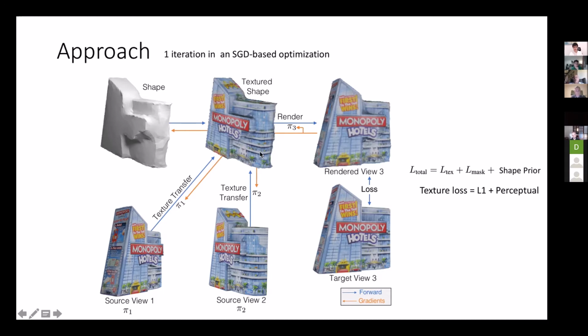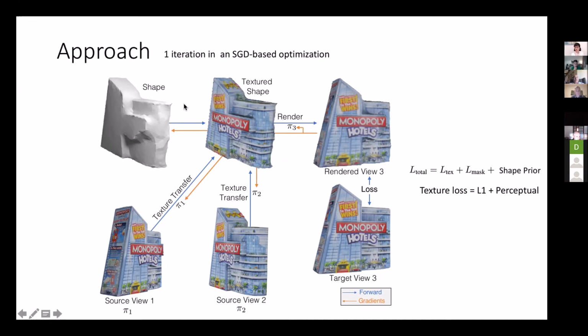The effect of the losses is to compute some gradients, which then go back. So I'm correcting the camera pi 3, correcting the camera pi 2, correcting the camera pi 1, and I'm correcting the shape as well. The shape is represented for us by a mesh of vertices, and I perturb each vertex of the mesh as a result of this gradient flow.